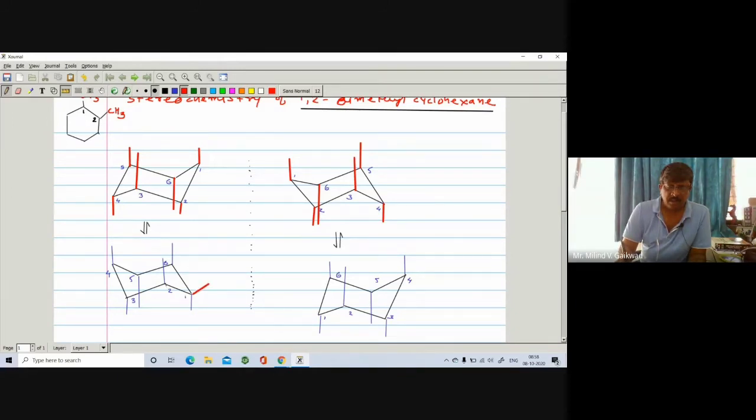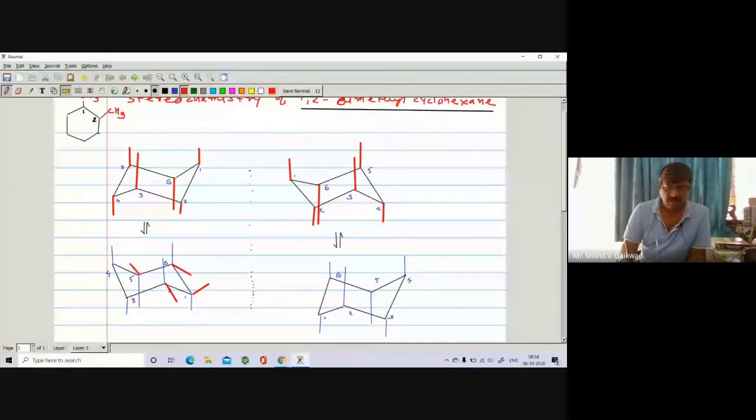Carbon number 2 will be parallel to, here these are the additional bonds, right? So it should be parallel to this bond. So these two bonds are parallel. This is parallel to C4 C5. This bond is parallel to C3 C4.